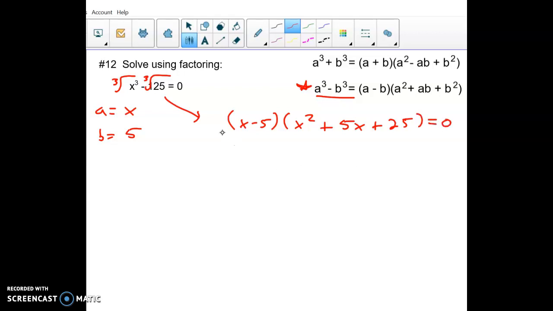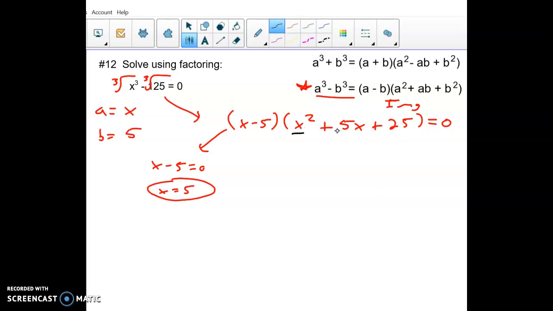All right, and then one of our answers, if we set that little thing to 0, we'll get an answer of 5. And then we've got to solve this quadratic part. We could try to factor, but on these questions, they won't factor. In fact, it'll have imaginary answers. So on these, we're going to want to do our quadratic formula with a new a, b, c.